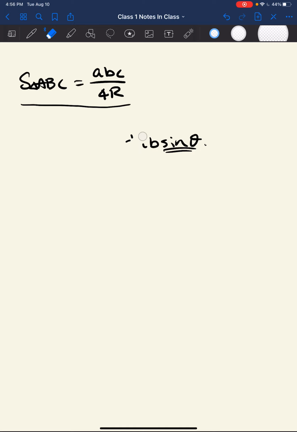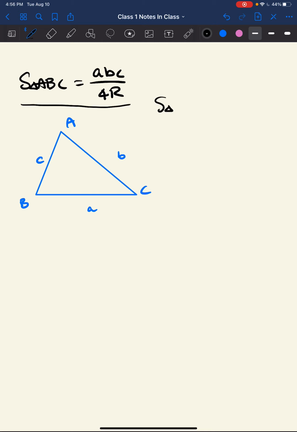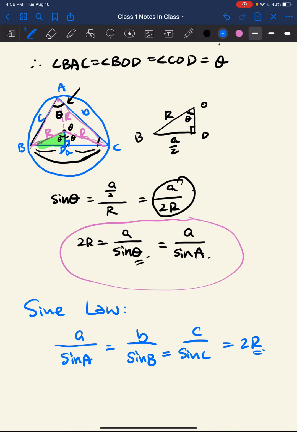Let me just switch a notation because it's really confusing. So our second formula states that S triangle ABC equals half AB sine theta, right? However, the theta is this theta. So this theta and the theta we have from our last page are not the same one.